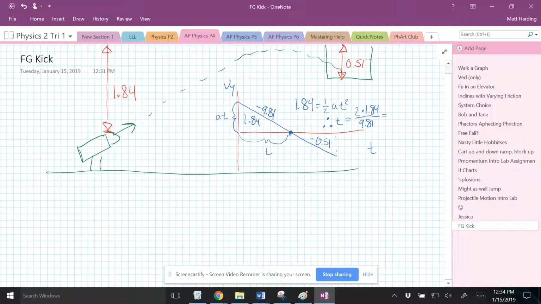And somebody check that for me quick in a calculator. 3.6-ish divided by 9.81.